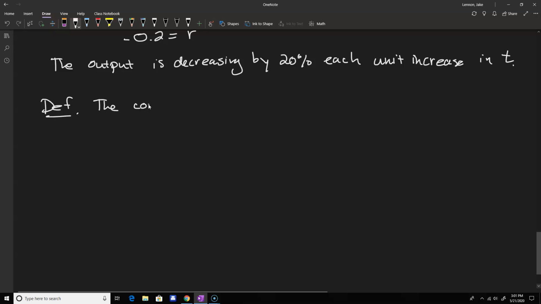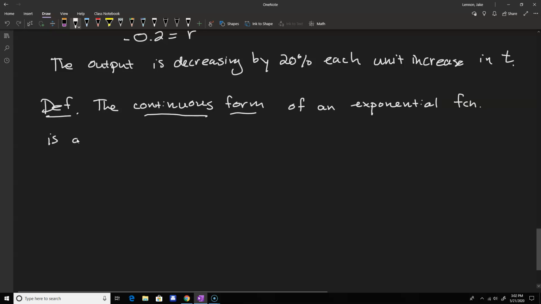The continuous form of an exponential function is given by y equals a times e to the kt.